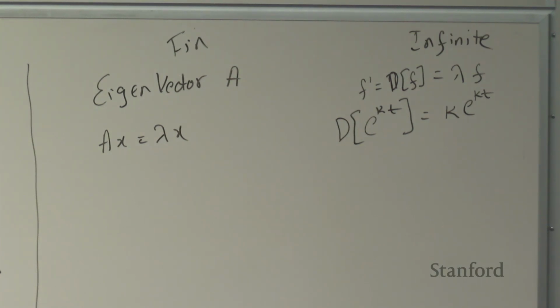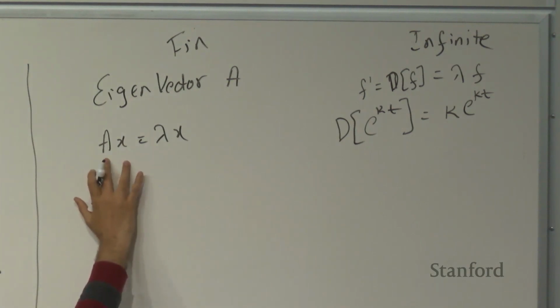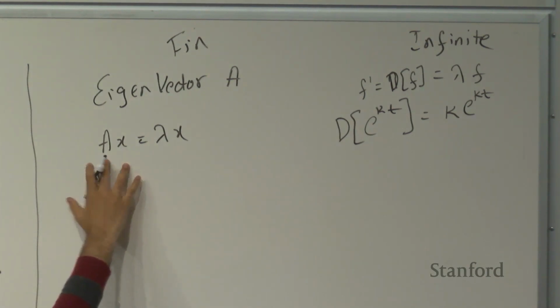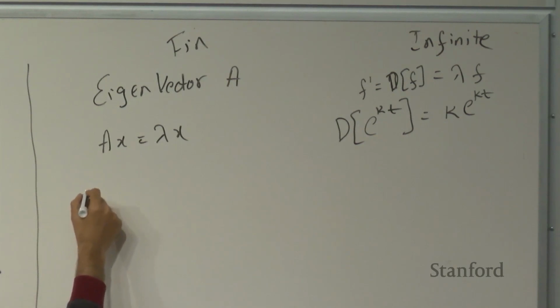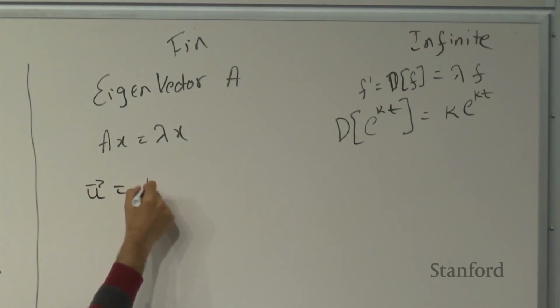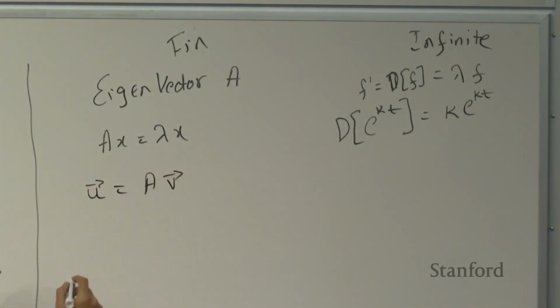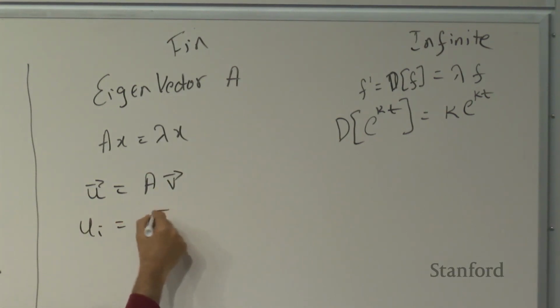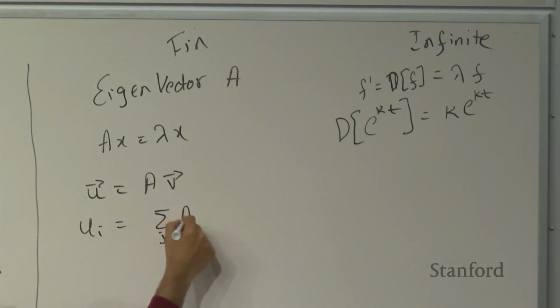And the way we represent Ax: if for example u equals Av, then we write u_i equals the summation over j of a_ij v_j. This is matrix multiplication.